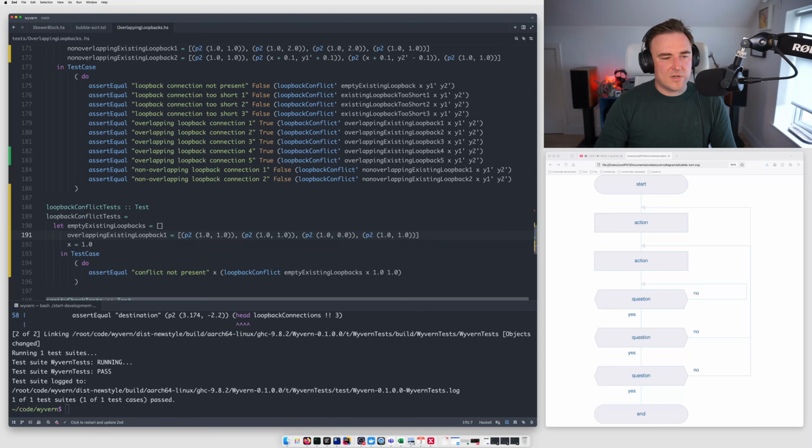We have overlapping existing loopback. So let's make it something more predictable and closer to life. Let's go with 0, 0, second point 0, 1, third point 1, 1, and fourth point finally 0, 1.